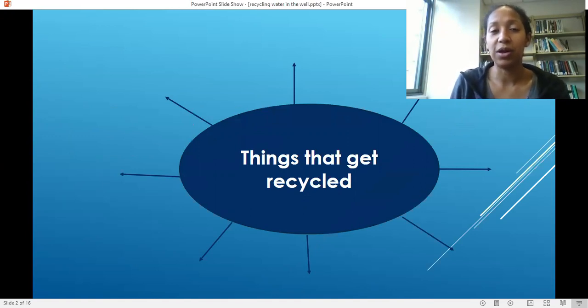After a minute, I will write down the responses on the board, and I will review things that are commonly recycled, such as bottles, boxes, paper, batteries, and then I will ask the students what the root word for recycle is.